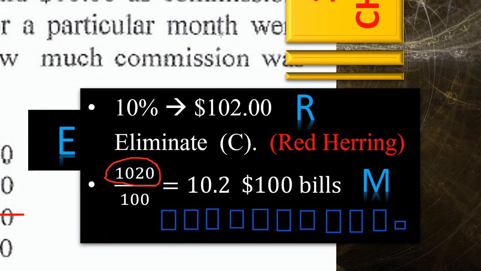So what I'm saying here to you is that each of these big rectangles is a $100 bill. So I have 10 of them. And this is only part of a $100 bill, which is the 0.2 here. So this is the part thereof.